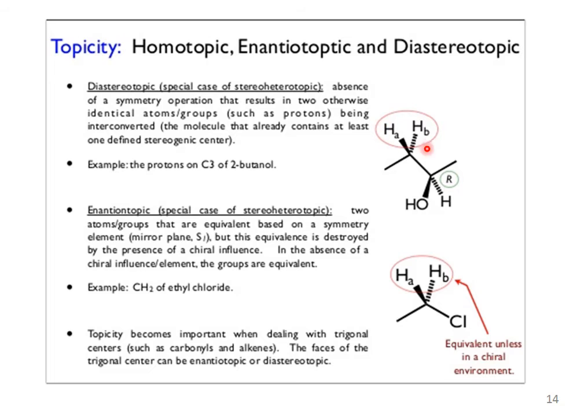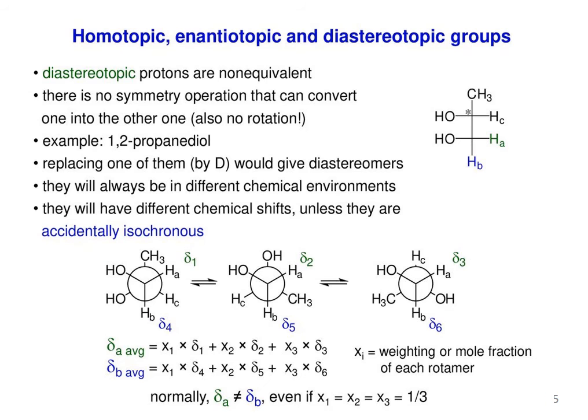Topicity becomes important when dealing with trigonal centers such as carbonyl and alkene. The faces of the trigonal centers can be enantiotopic or diastereotopic. Again, homotopic, enantiotopic, and diastereotopic. Diastereotopic protons are non-equivalent. There is no symmetry operation that can convert one to the other.